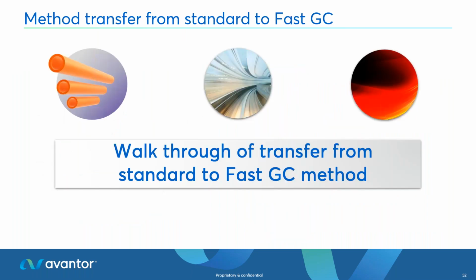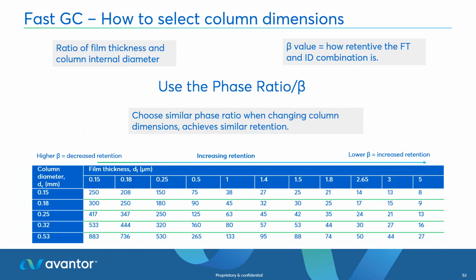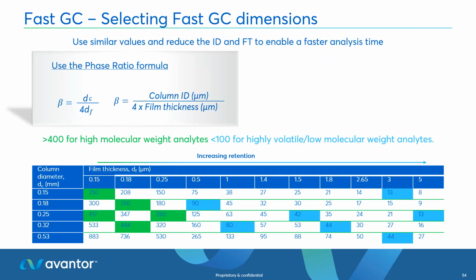So let's do the quick walkthrough of the transfer from standard to FastGC. If you want to maintain the retention and the elution order, then you use the phase ratio and look for a similar value. For example, if we look at the green, we've got this 0.25 film thickness and a 0.25 millimeter ID. It's got a value of 250. These green values tend to be below 400, so this is for high molecular weight analytes.